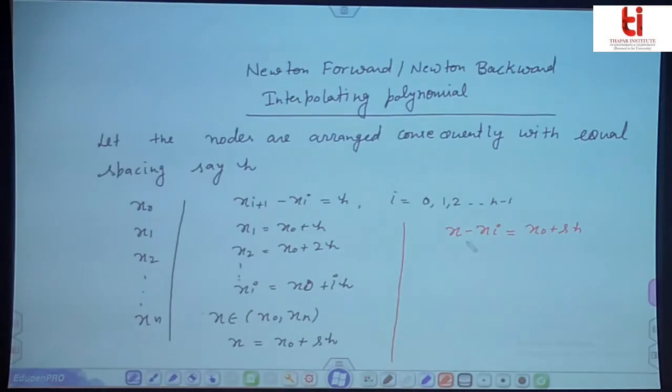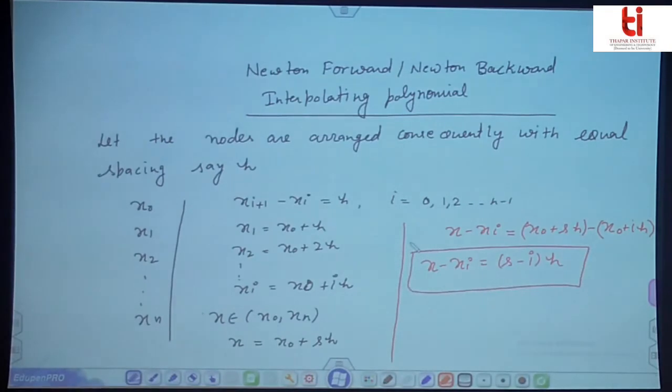The value of x is x0 plus sh, and xi is x0 plus ih. The value of x minus xi comes out to be (s minus i) into h.